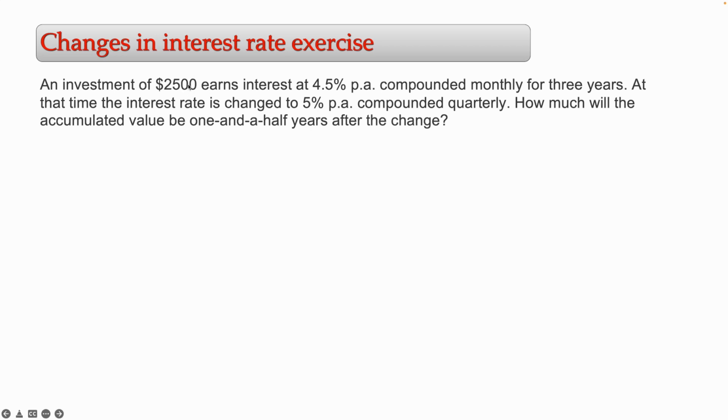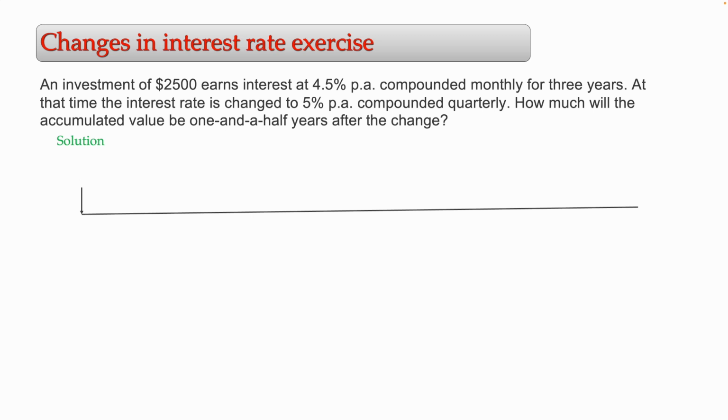So there was a deposit at the beginning. So there was a time. Let's represent this with a line. Remember that this line represents the time. And at the beginning of the term, there was a deposit of 2,500. So this is like an initial present value, an initial principal.